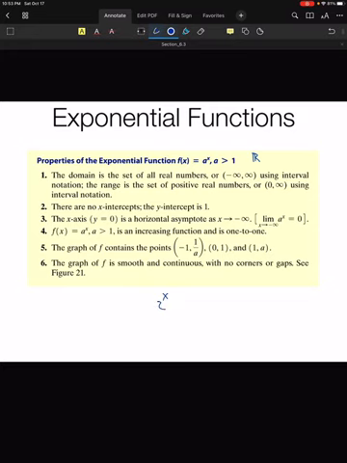If you think about the function 2 to the x, there's no number x where I substitute x in and a negative number comes out. No matter what I do, it's always going to be a positive number. So the domain is negative infinity to infinity, and the range is 0 to infinity.